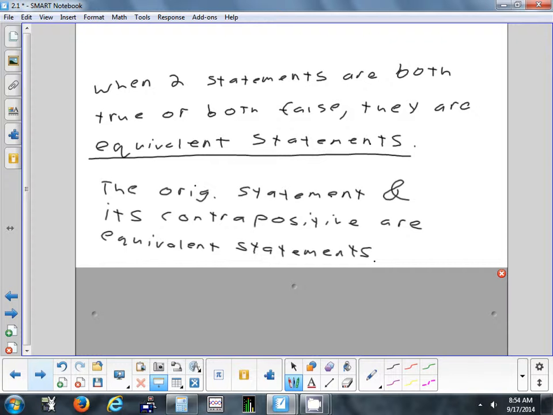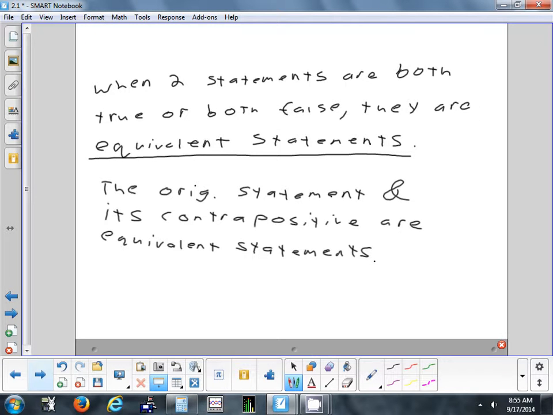If the original statement is false, then the contrapositive is false. Is there any situation where it won't be equal? No. If you give me an original statement that's true, its contrapositive is true. If you give me an original statement that's not true, its contrapositive is also not true. This always holds. There's no exception to this rule. Okay. Does everybody have that?